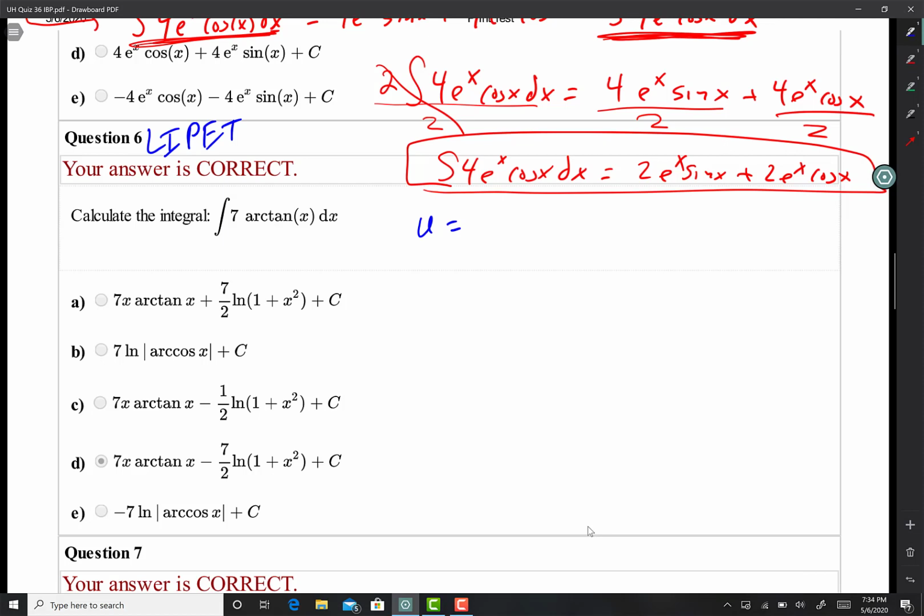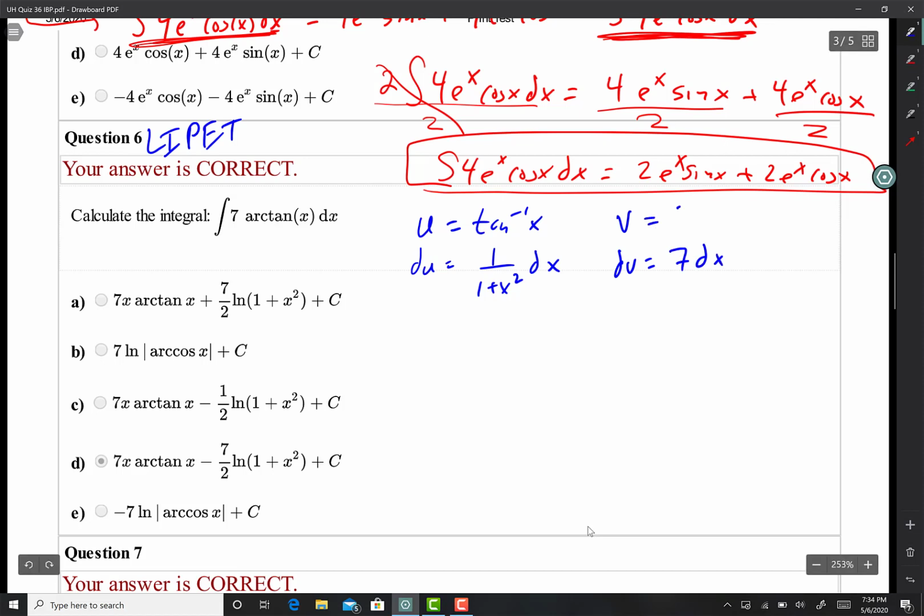So I'm going to set my u equal to arctan x. That means that du has to be 1 over 1 plus x squared dx. And then v and dv. So then my dv has to be 7 dx.